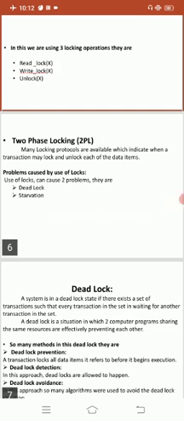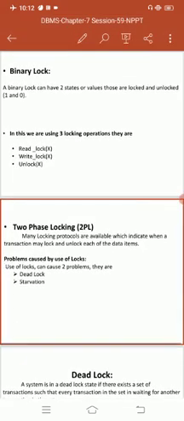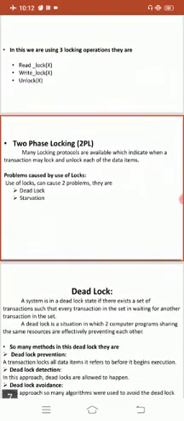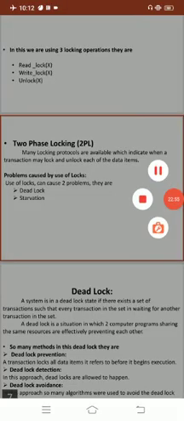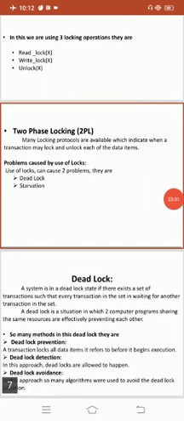The solution is to have a fair waiting scheme such as using a first come first served queue. Transactions are enabled to lock an item in the order in which they originally requested the lock.